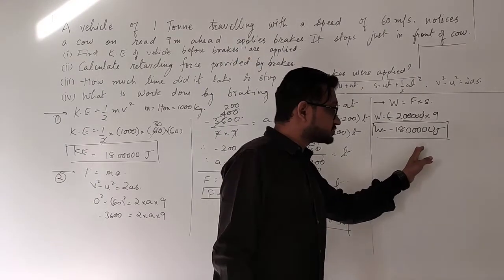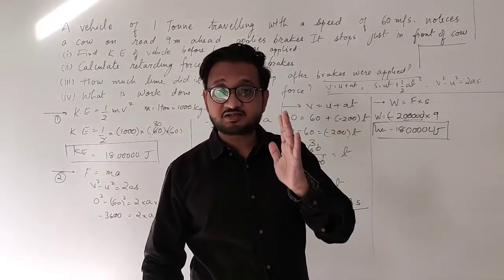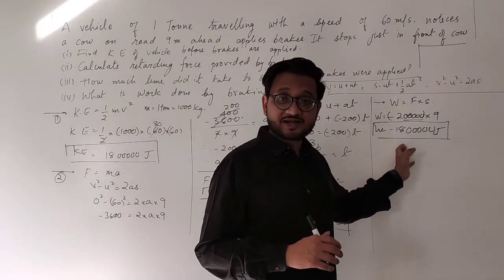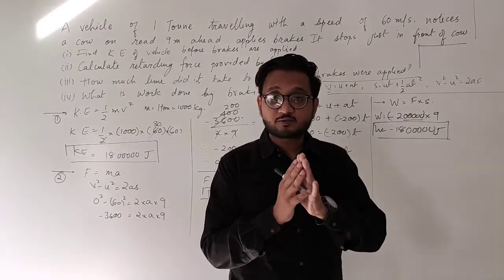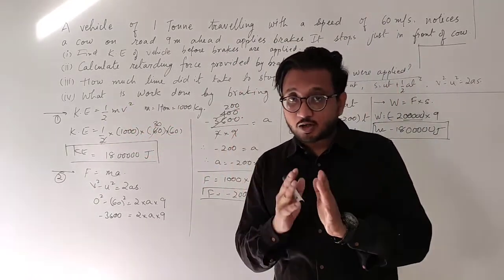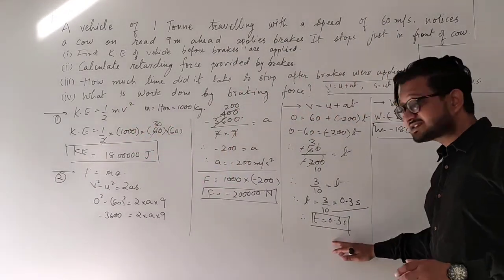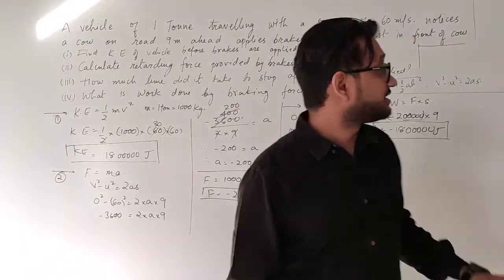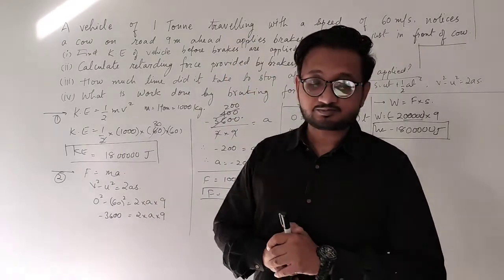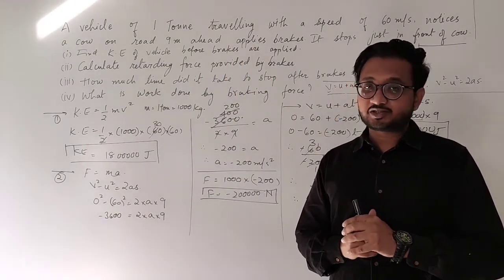So, 18 lakh joules of negative energy was applied, and so minus 18 lakh joules of negative work was done on the vehicle so that it stops in 0.3 seconds in 9 meters before the cow. Okay? I hope it is clear to you, students.